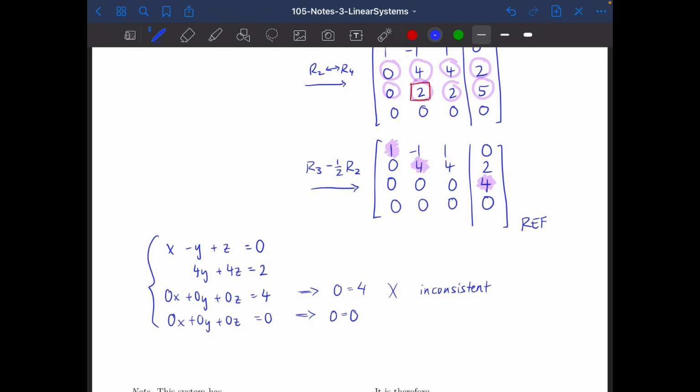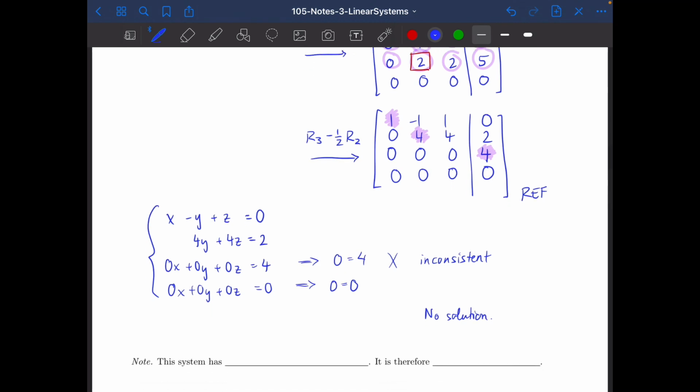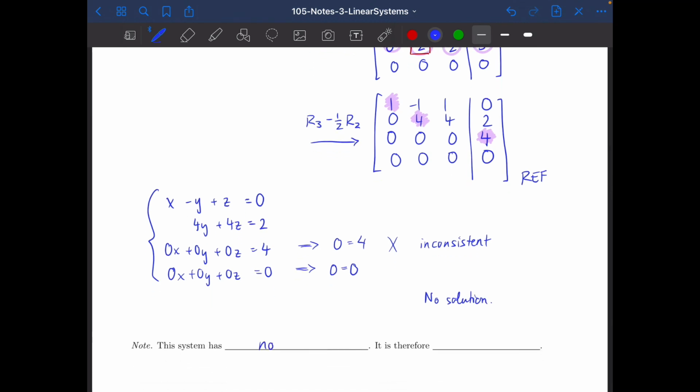And so what we found is that the system has no solution. This system has no solution. The entire system is therefore inconsistent. We cannot find a vector x, y, z that will satisfy all of the equations in the linear system simultaneously.